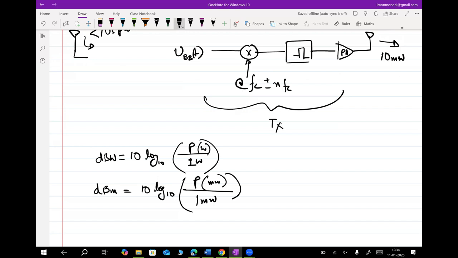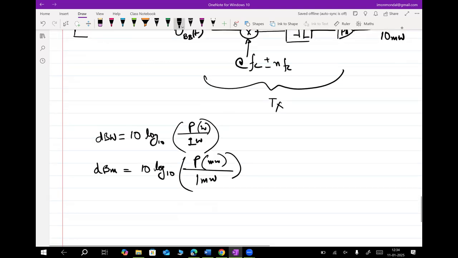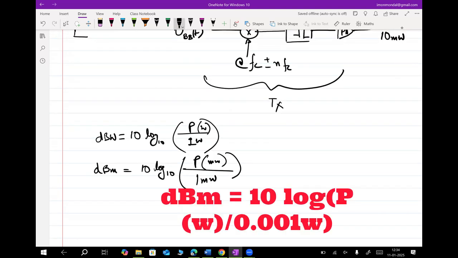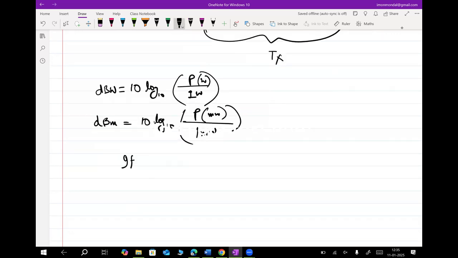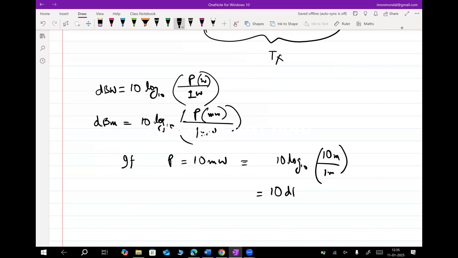For example, for 10 milliwatt power, P equal to 10 milliwatt is equivalent in dBm to 10 log of 10 milli by 1 milli, which is 10 dBm.